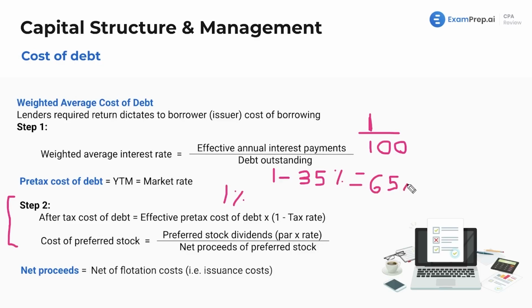So then we do 1% times 65%. Move the decimal point to the left, and that should get us 0.65%. So 0.65% is our cost of debt. That is what we are going to do.